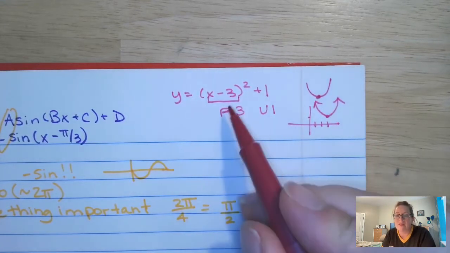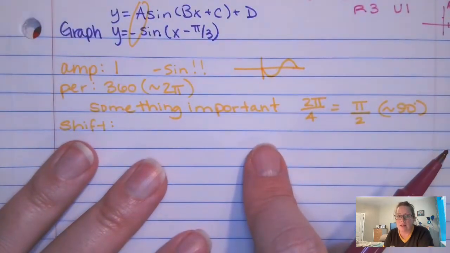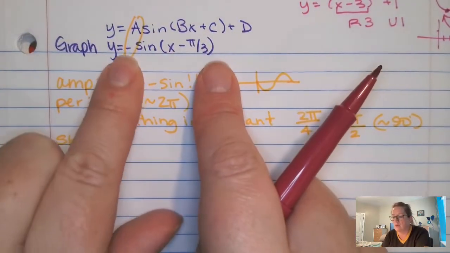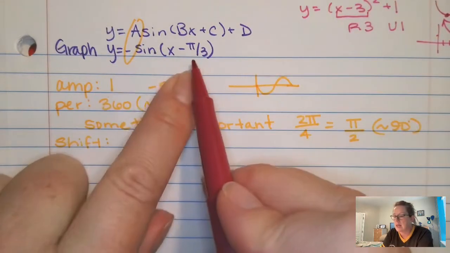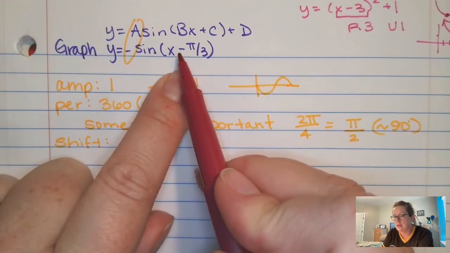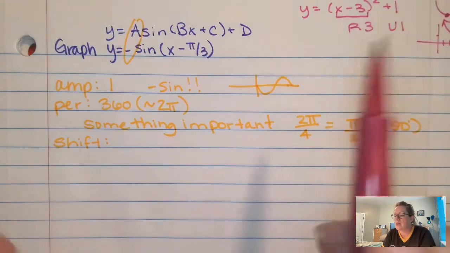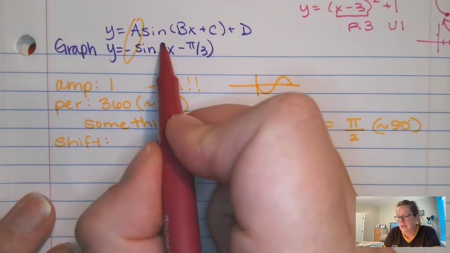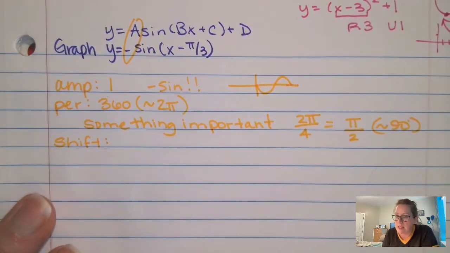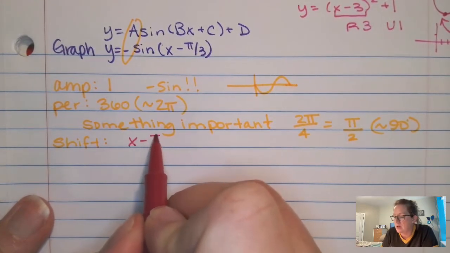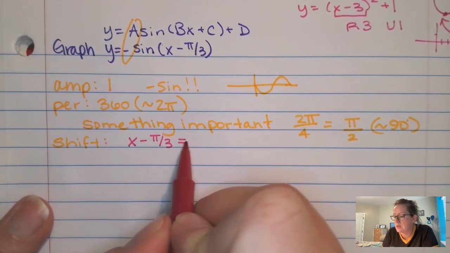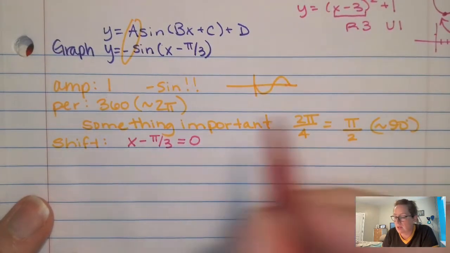Okay, so same thing. We're going to take our sine function. We're making it negative, so it's going to reflect, flip over the x-axis. This is going to go right pi over 3. So it's easy when this is 1. When that's not 1, it's not so easy. So it's a really good habit to get into to set your parentheses equal to 0 and just solve for x.